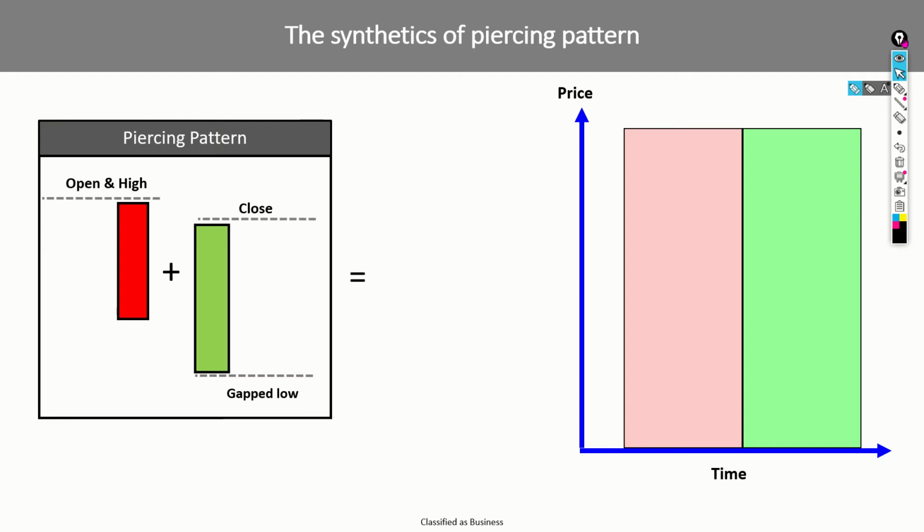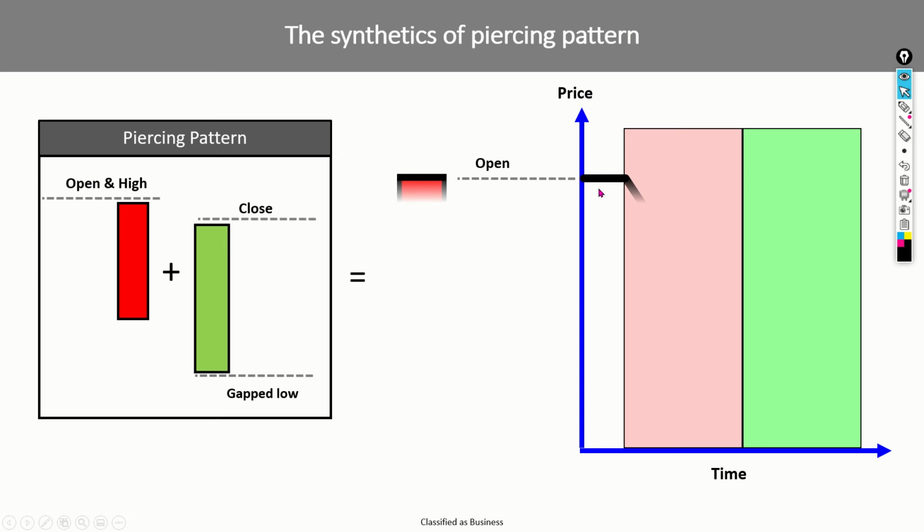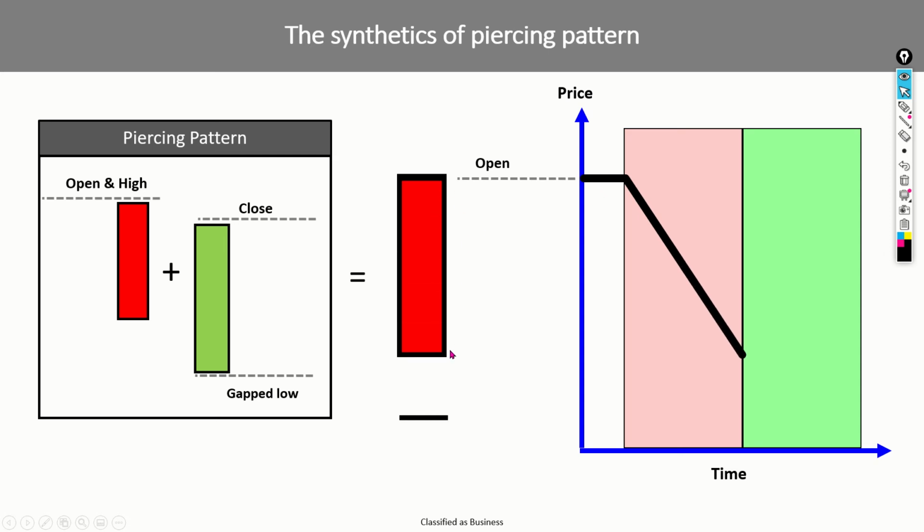If we look at the synthetics of this, and you combine these two candles, what would you get as a result? Let's say the opening of this candle is on top here, and it goes down all the way and closes here.